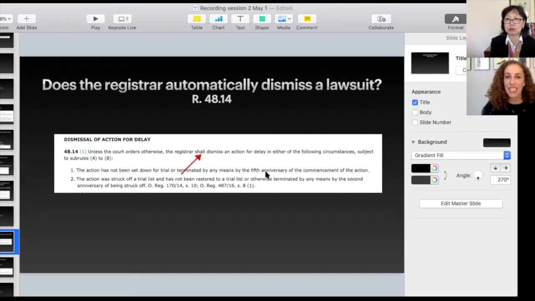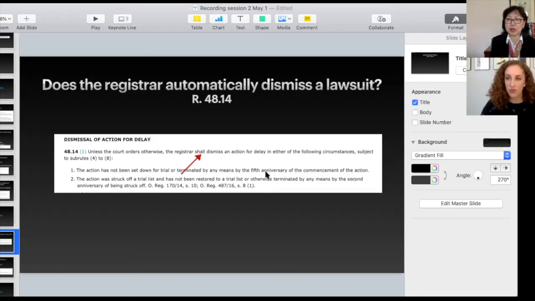Okay. But this is an interesting rule because if you are the plaintiff and you find that your action has been dismissed automatically, then you can bring a motion to the court to get that dismissal set aside. And usually, but not always, the court will set aside the dismissal because ultimately courts are interested in having lawsuits decided on the merits as opposed to a procedural issue.